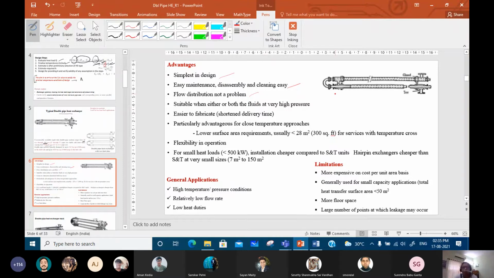Can you tell me why I mentioned this particular thing? That it is particularly suitable when either or both of the fluids are at a high pressure. Yes, anybody who can suggest why this is so? Come on.